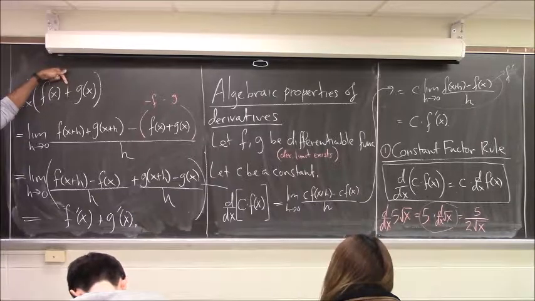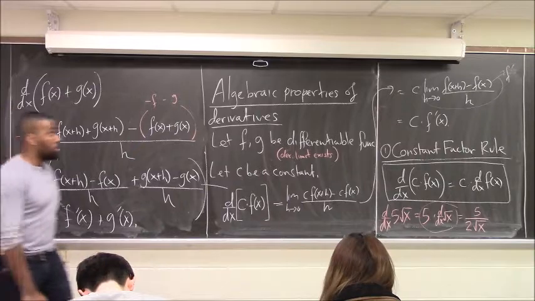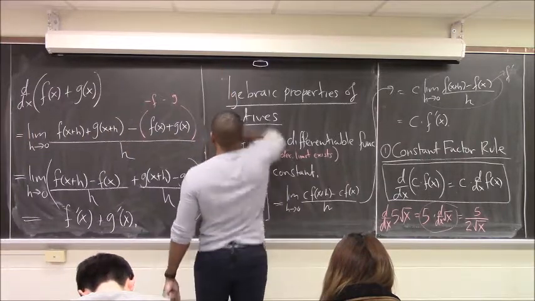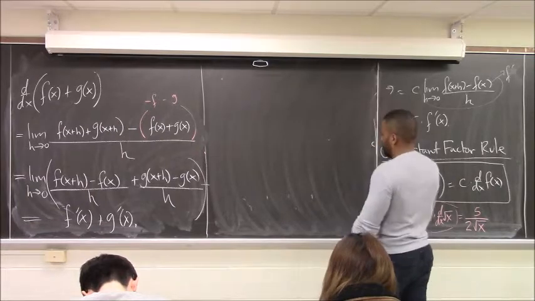Nothing special about the addition sign here. Had I had a minus sign, it would have been very similar, leading to the following rule. It's called the sum difference rule for derivatives.